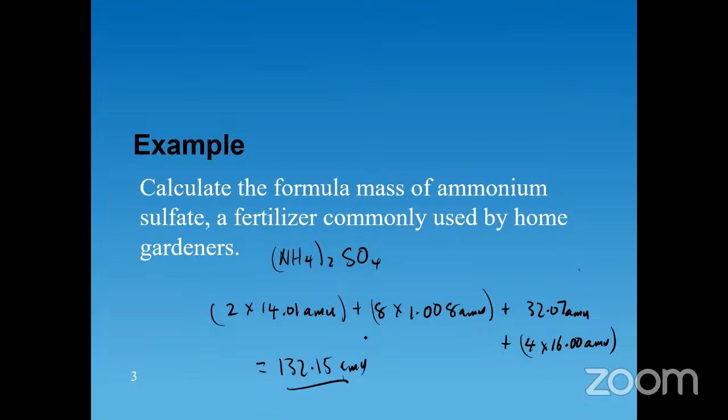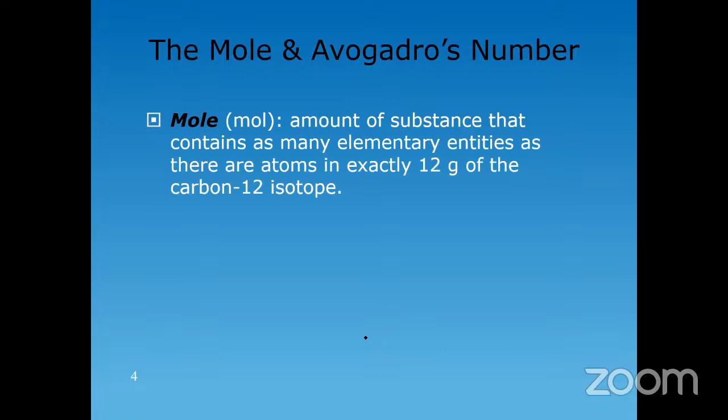All right. Okay. The next thing I want to talk about is, again, something you should have met before, the concept of the mole and Avogadro's number and the relationship between the two. So the definition of the mole, and by the way, the term mole can apply to literally anything, but in the context of chemistry, we tend to apply the mole concept to very small particles, atoms, molecules, ions, etc., right?